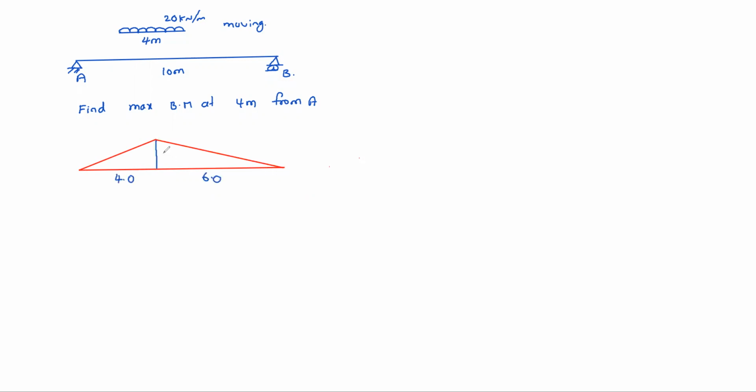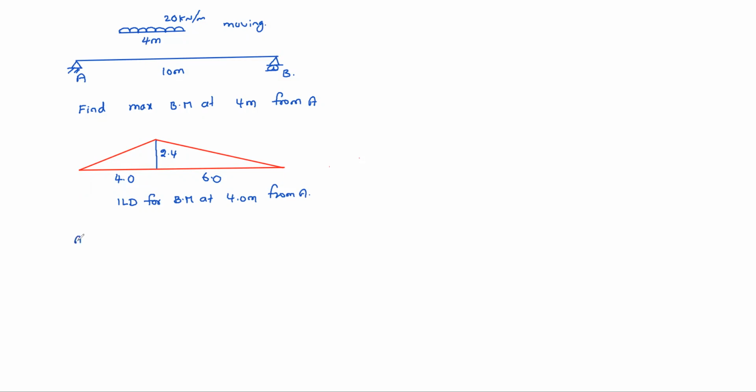So here 2.4, right? The ordinate is 2.4. This is the ILD for bending moment at 4 meters from A. So now the question is where to keep the load? Where to keep the load? For that, keep the load here.